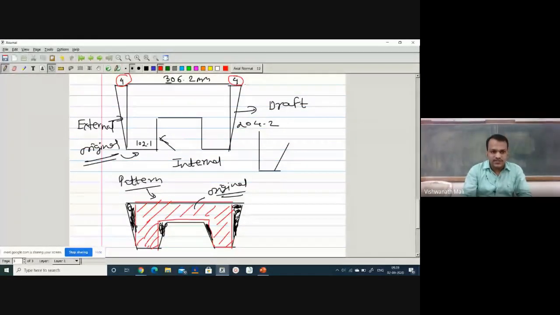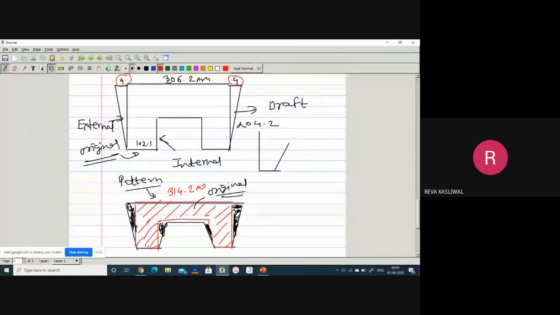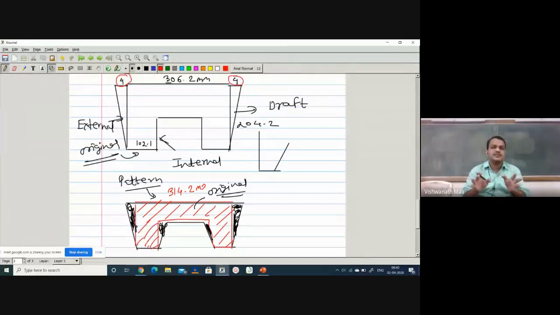Now the original dimension here is 448, and 314.2 mm. Now its dimension has changed. We need to consider all this. First, we need to consider the shrinkage allowance, then we go for the draft allowance. With the draft allowance also, the dimension changes.